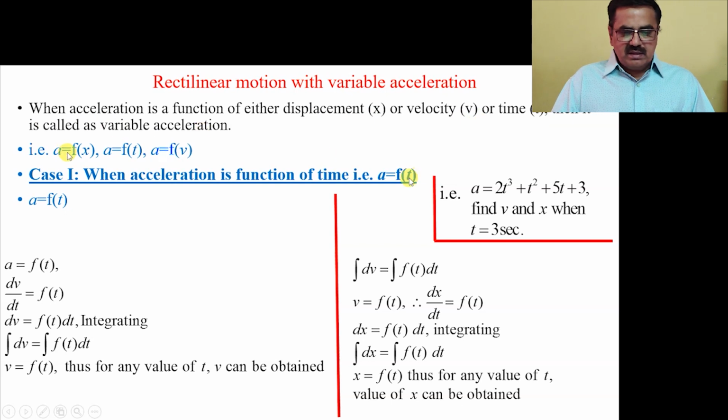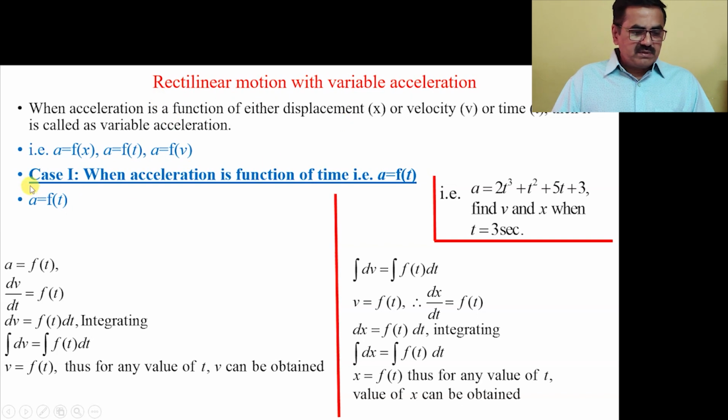For example, here in this equation, acceleration is given as a is equal to 2t cube plus t square plus 5t plus 3. So here acceleration varies with time, so it is a function of time t, and hence it is called variable acceleration. You will come across problems where acceleration is a function of displacement x, of time t, or of velocity v.